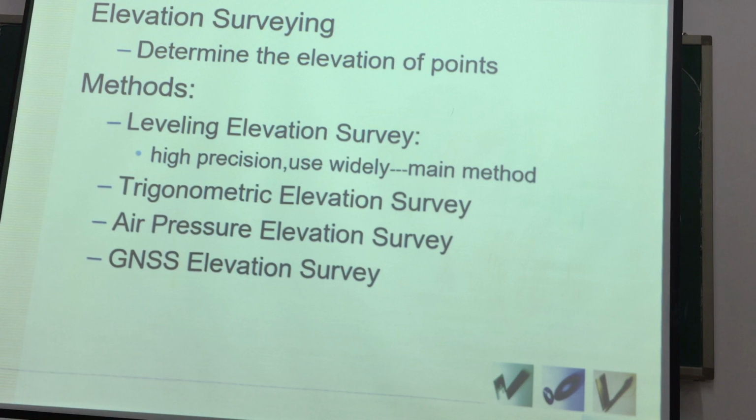Especially, this system is used for military purposes. So different countries have different ideas. Russia created another system, GLONASS. GLONASS is also a satellite system used for military purposes.